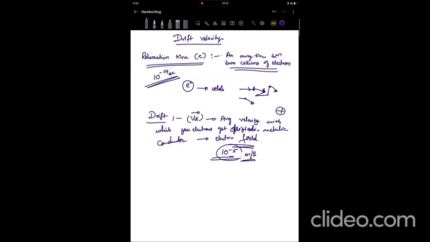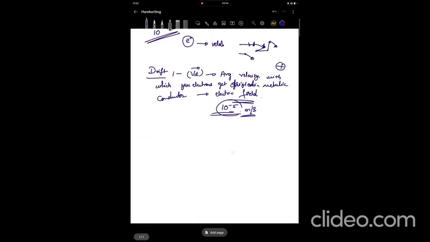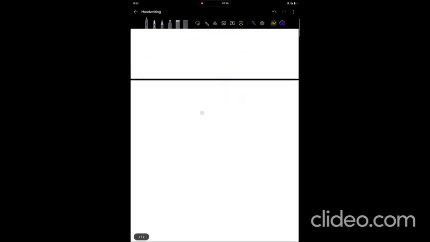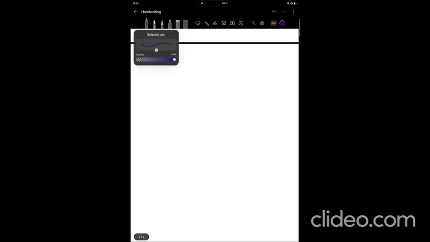Now I am going to explain about the relation between current and drift velocity.